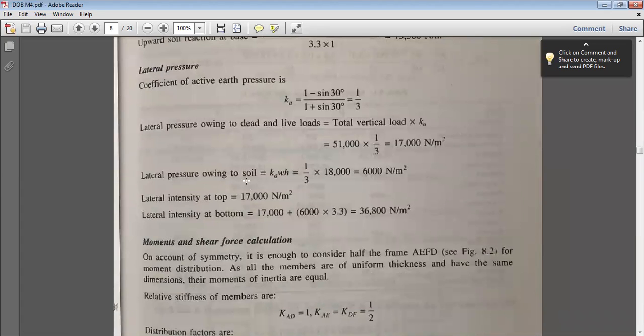So lateral pressure owing to soil is Ka into W into H: 1/3 of the density of soil, 18,000, that is 6,000 Newton per meter square. So lateral intensity at top is 17,000, and lateral intensity at bottom is 17,000 plus 6,000 into 3.3.